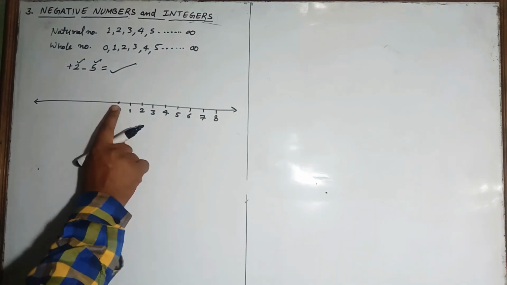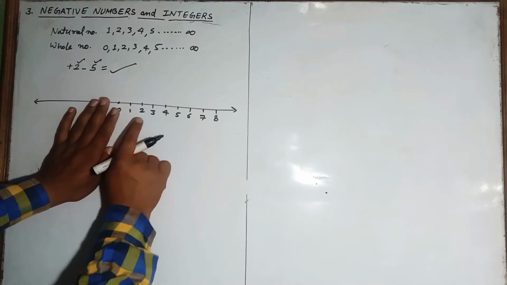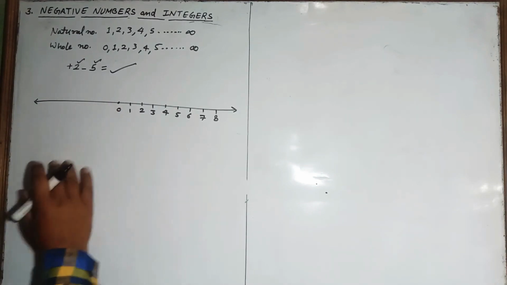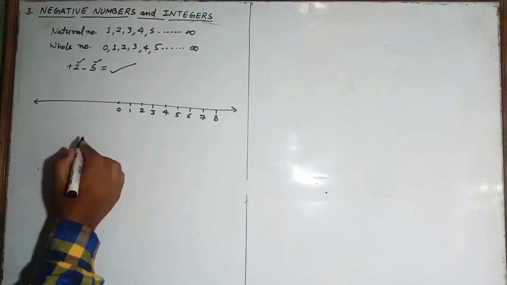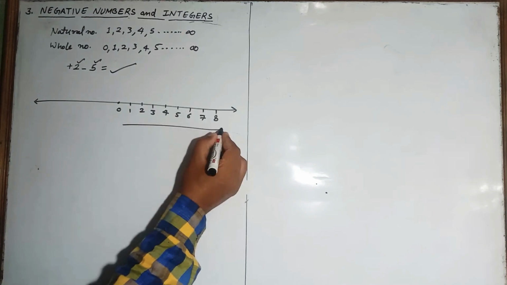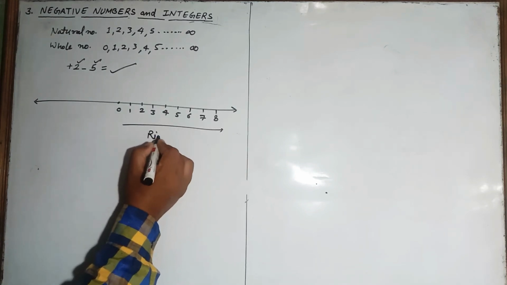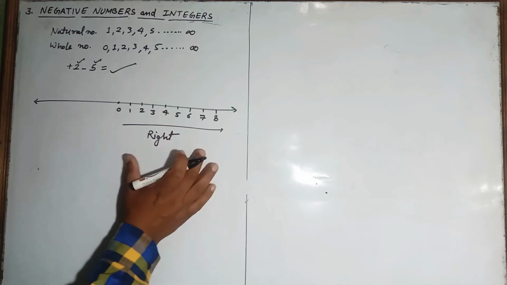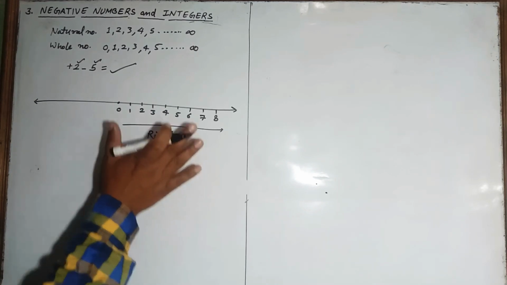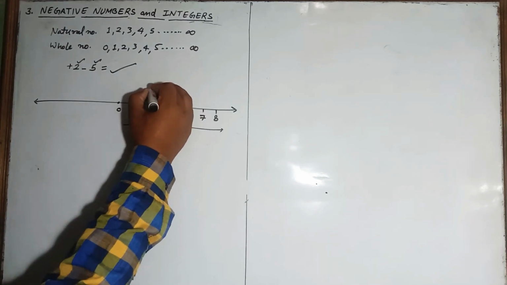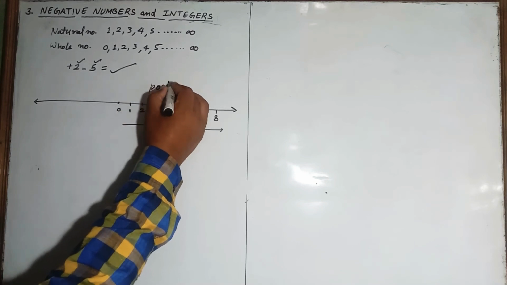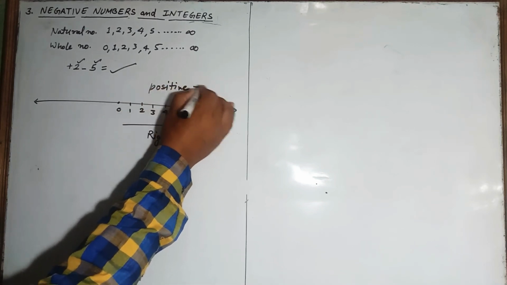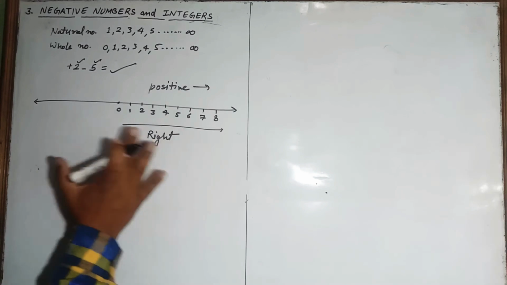If I remove this 0 from here, then all these will be natural numbers. On the right hand side of this 0, all the numbers are positive. You know that all the numbers having positive value are on the right hand side of this 0.